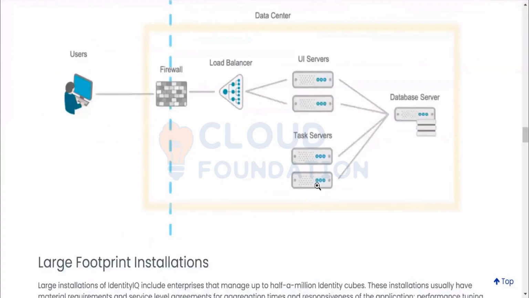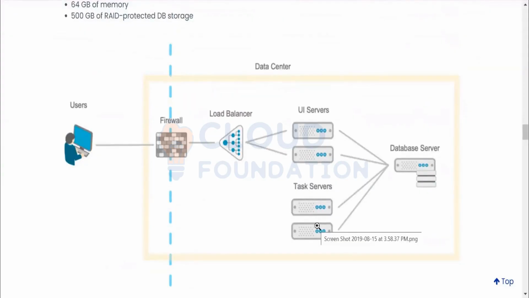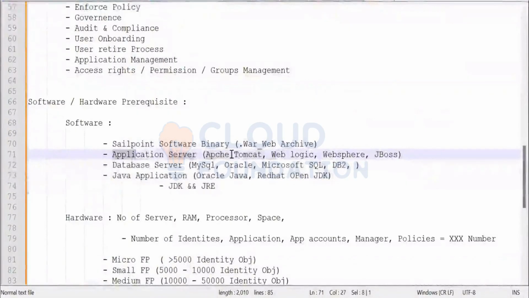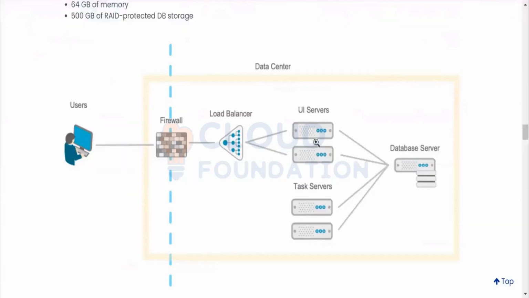Basically, the UI server and task server are nothing but the application server. We can go ahead with Apache Tomcat. The application server, we will call it the UI server and task server. All 4 servers are application servers. Then we have the database server.